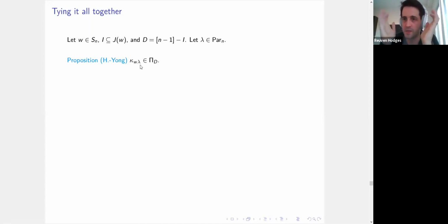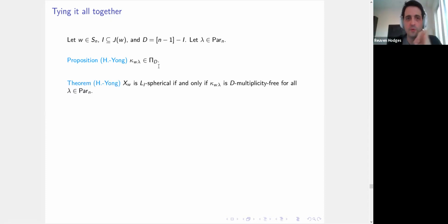That gives you some composition, so k_{w lambda} is just the key polynomial for some composition. And I'm claiming that if these things above are true, then it lives inside of this ring pi_D. I think this is something that's previously known. I don't think it's special to us realizing this fact, but we couldn't find it written down anywhere, and so we proved this.